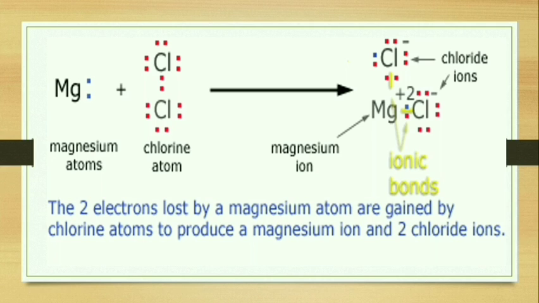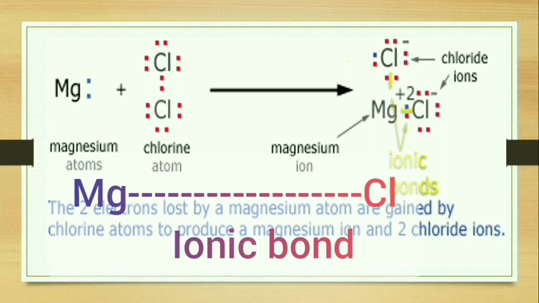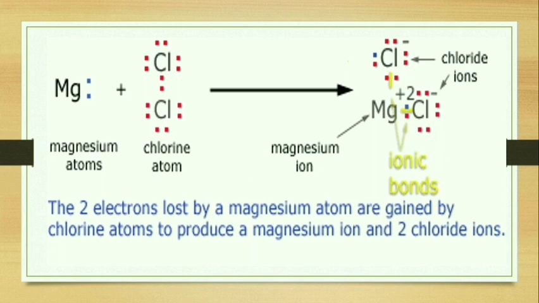So, 2 chlorine atoms will each gain 1 electron from magnesium, and magnesium by losing 2 electrons becomes Mg2+, whereas chlorine by gaining 1 electron each becomes Cl-. So the bond between magnesium and chlorine is an ionic bond because the metal magnesium loses its 2 electrons, or we can say transfers its electrons, to the non-metal chlorine.